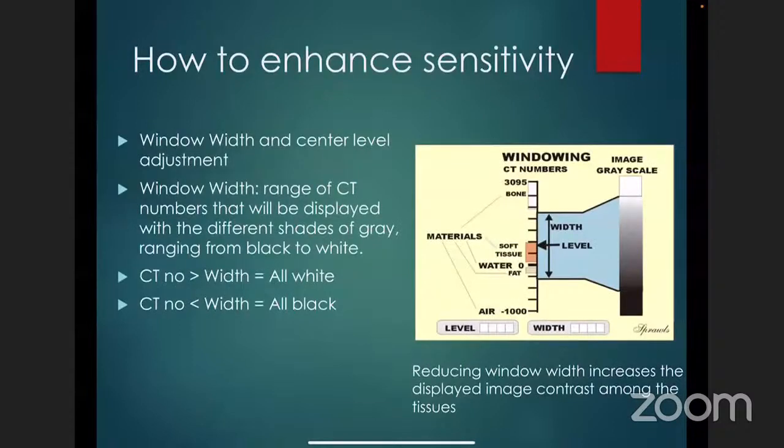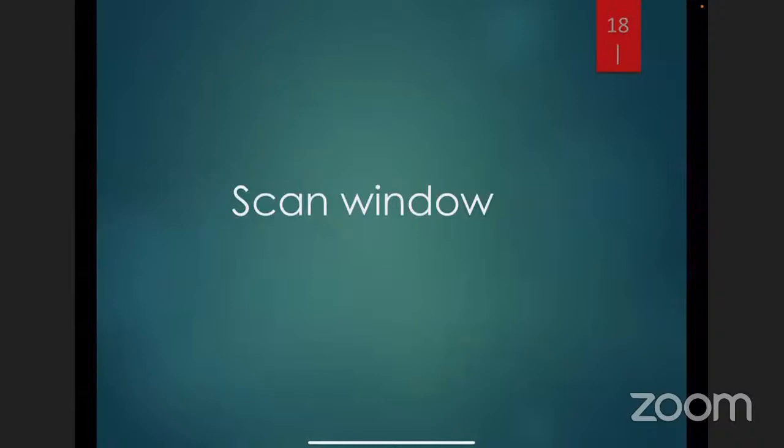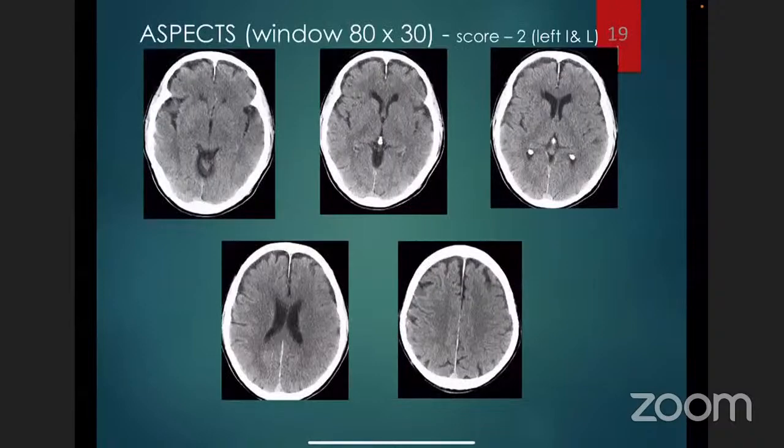How do we enhance the sensitivity? Change the window from the regular window to the stroke window. Window width and center level adjustment: the window width is the range of CT numbers that will be displayed with different shades of gray, ranging from black to white. So the scan window is important. As you can see in this patient who presented with a left MCA stroke, the regular scan window was width 80 with center level 30, and the ASPECT score is only 8, with loss of the left insula and the left lentiform nucleus.